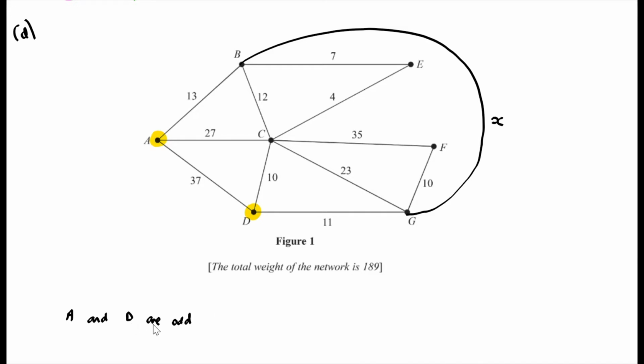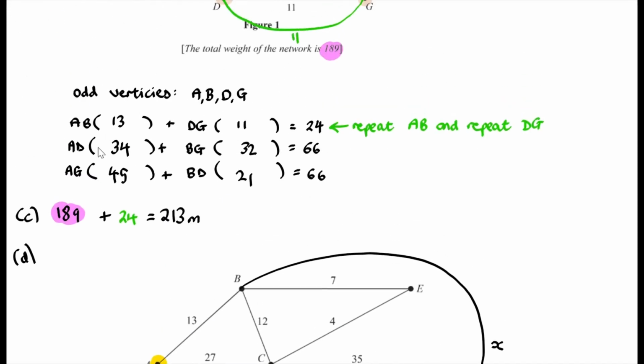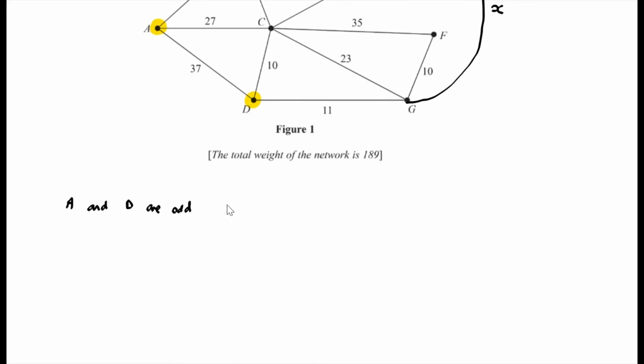And therefore we know A and D, if we go back to what we found here, that was 34. So AD equals 34.